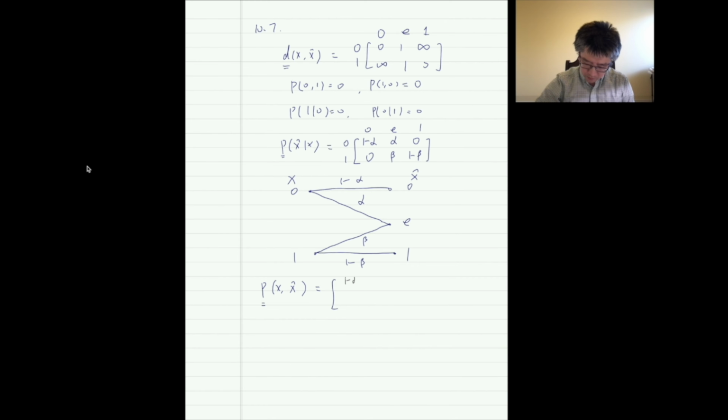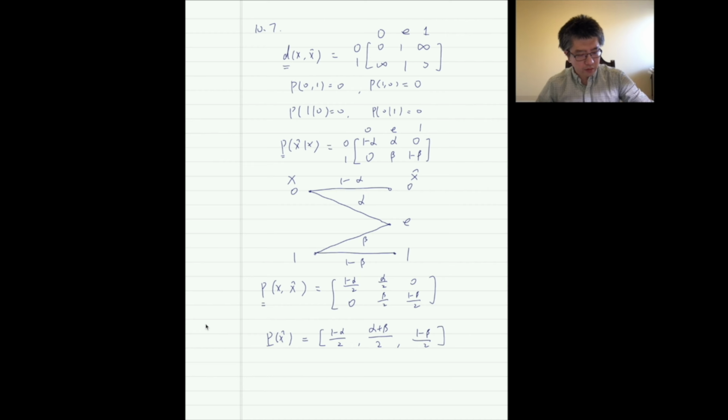Therefore, we have alpha over 2, beta over 2, 0, 1 minus beta over 2. Therefore, we can get the probability of x hat by summing these two rows, which gives this, and 1 minus beta over 2.